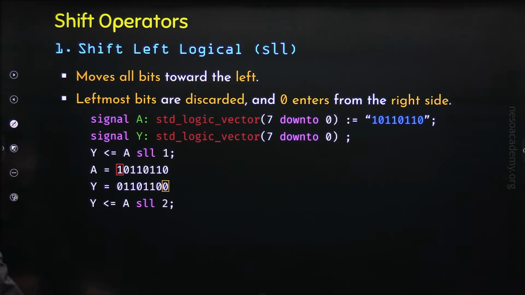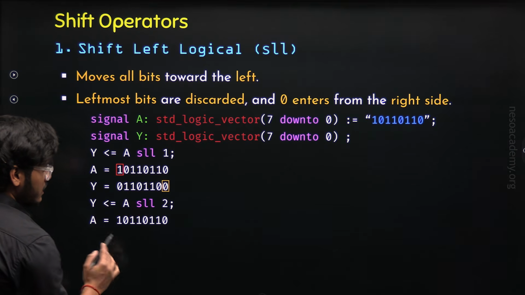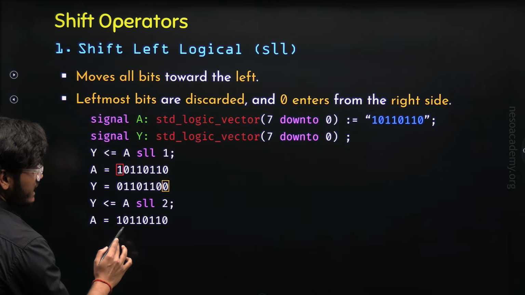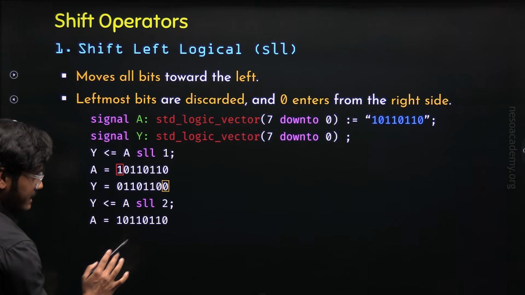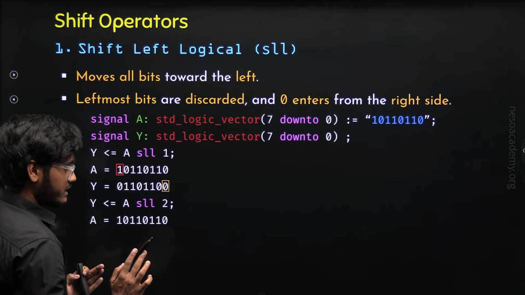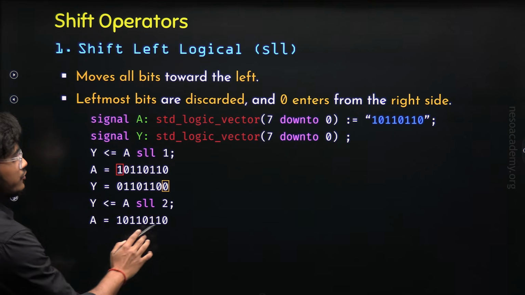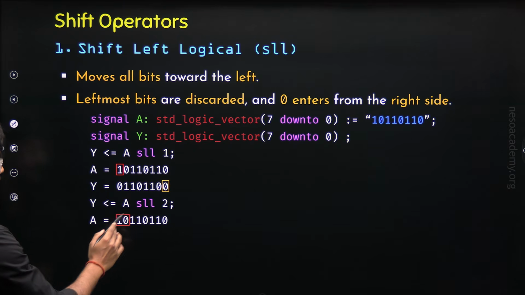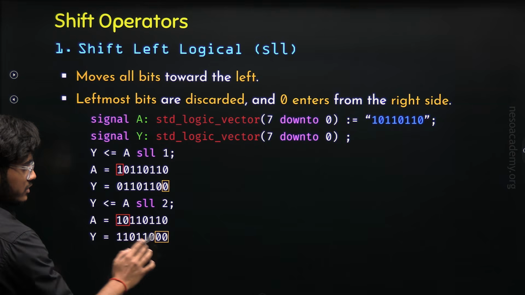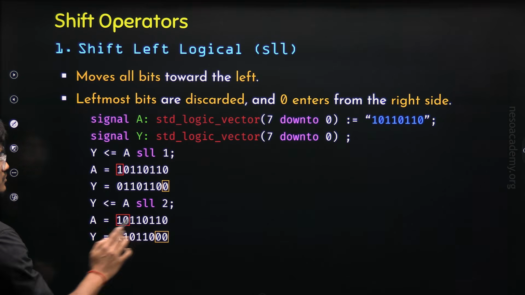For that, I will write A SLL 2, and the vector A will move to the left by two places, which means these two leftmost bits will be discarded and zeros will be added on the right side. Output will be 110, 110, 0, 0.